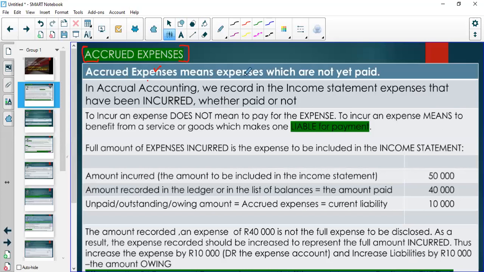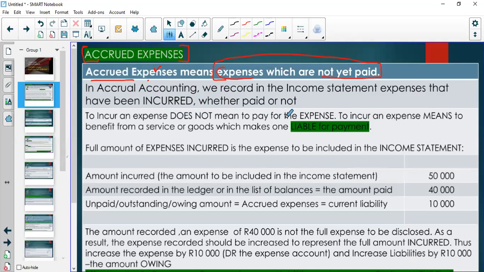Accrued expenses means those expenses which we haven't paid yet. Sometimes we can incur an expense, but we then do not pay it. The outstanding portion of an expense, the amount owing, is called an accrued expense.